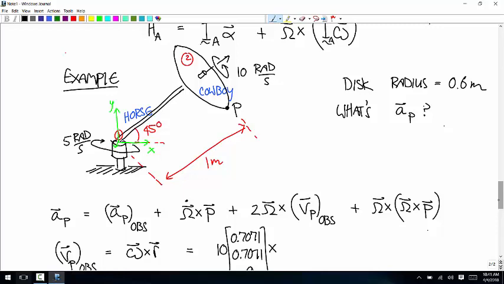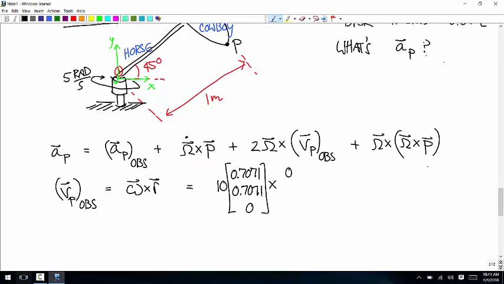Because the vector we want is from here to here. So the r vector is 0.6 times cosine of negative 45 degrees, 0.6 times sine of negative 45, 0.